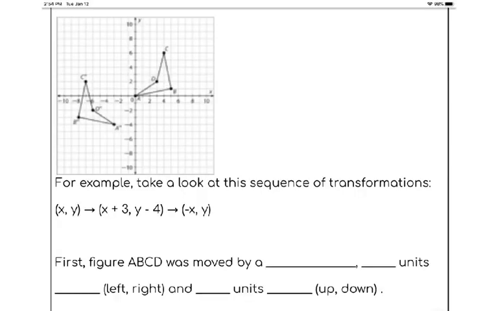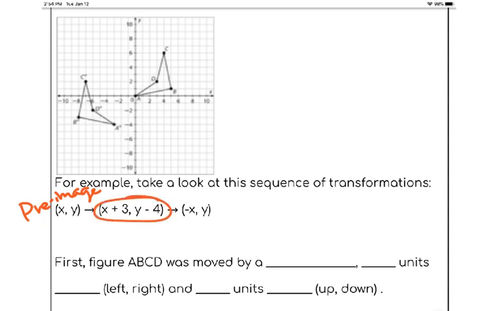So really in this part of the unit, we're just going to use multiple transformations each time. For example, we're going to take a look at this sequence. So we're starting with XY. This is our pre-image. It's the OG. And then this is the transformation that's being used right here.